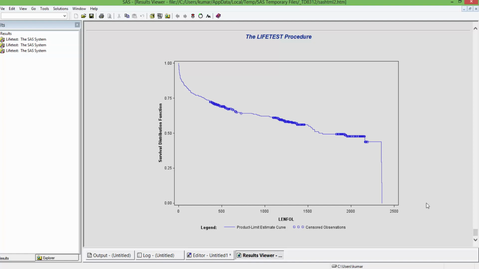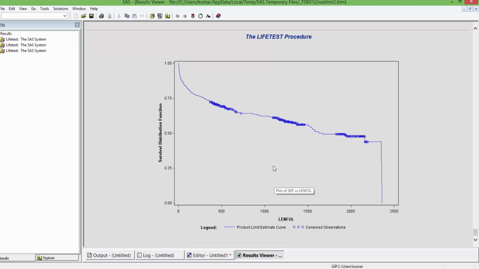All you know is the probability of survival beyond a particular time t. That t varies from 1 to the end of the period, from 1 to 2300 time points. When you plot this survival probability at each time point, you get a survival curve.